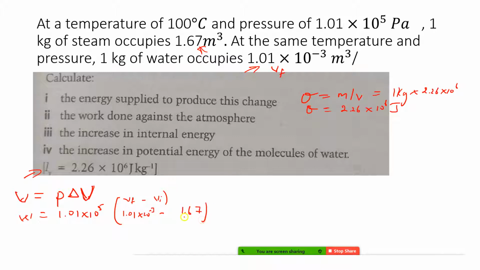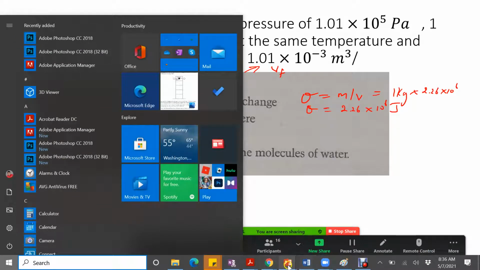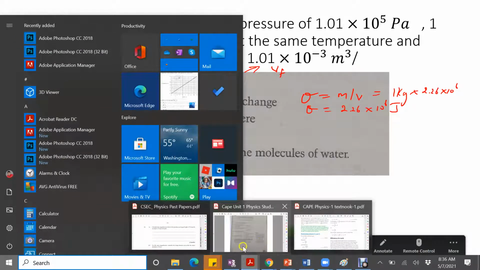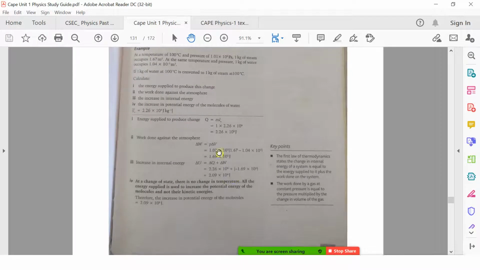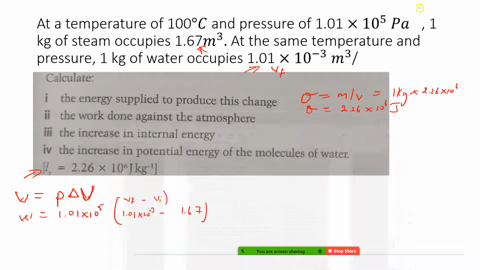All right, let me just confirm. Let me just check something here. So, I think there is, I don't know, this book is really not good. It just keeps making other errors, because when I look back at the working out here, this is supposed to be positive and not negative, right?